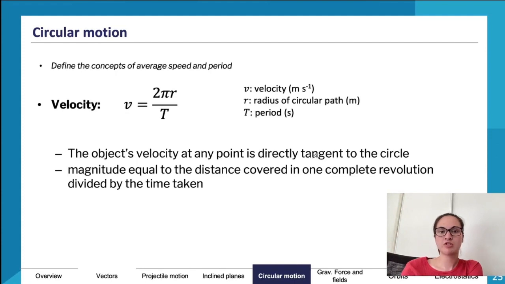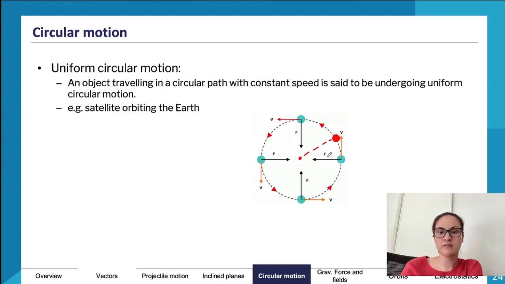So velocity is measured in meters per second, and then you have the radius of a circular path. It's measured in meters, so that will be this distance here along the dotted line. And I'll just give you a little legend here. So this is our radius.